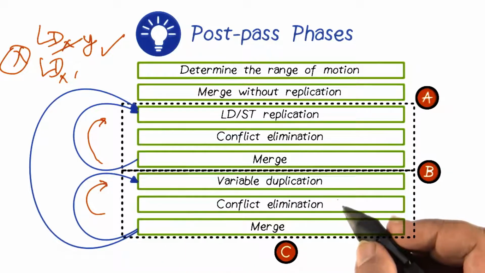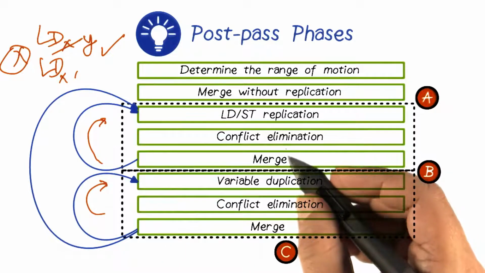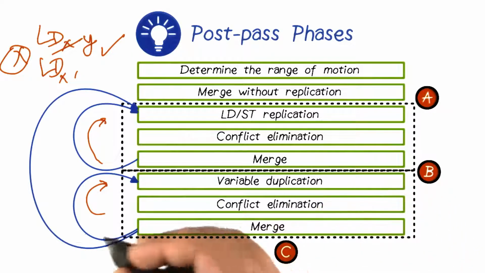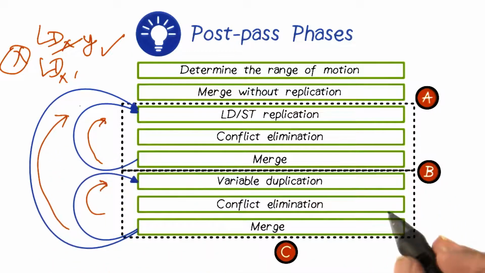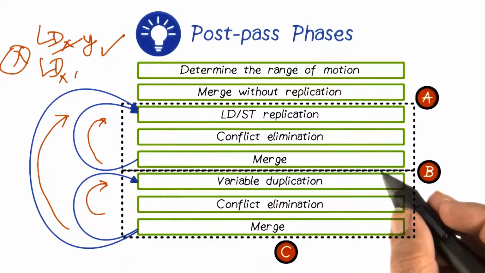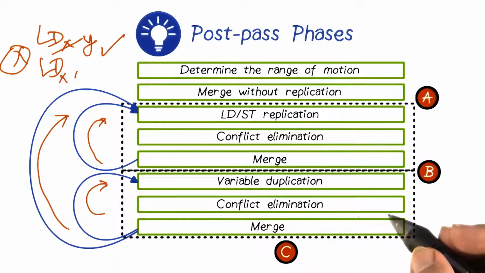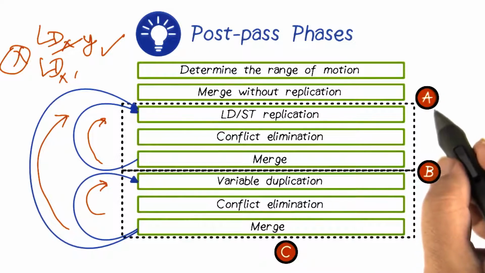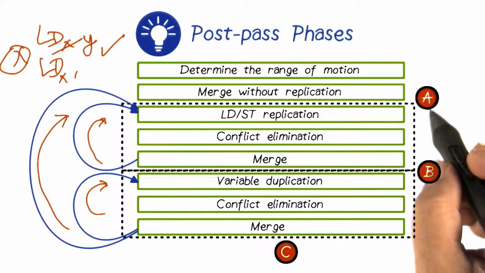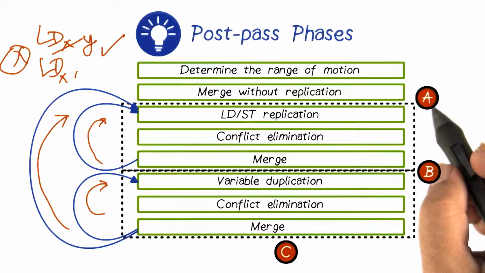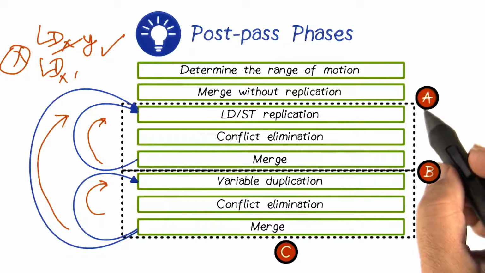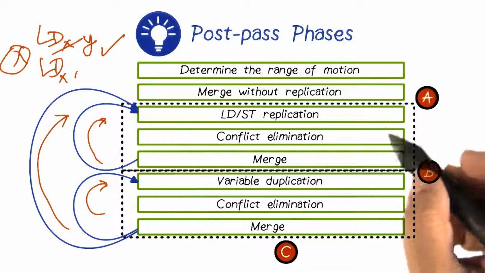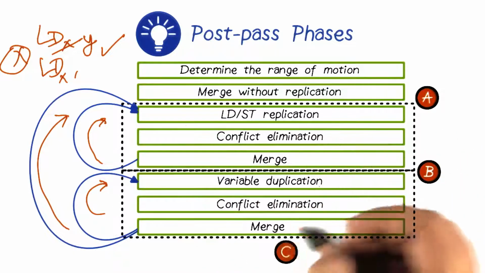And then finally, the interplay between load store replication and variable duplication, we again iterate and we take advantage of more opportunities. So what we have here is these points which are marked A, B, C. What they tell us is what is the effect of each one of these phases. In other words, how much we can merge without carrying out any of these optimizations which are in the box.